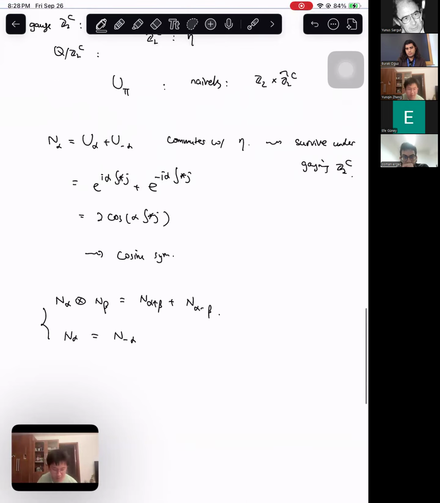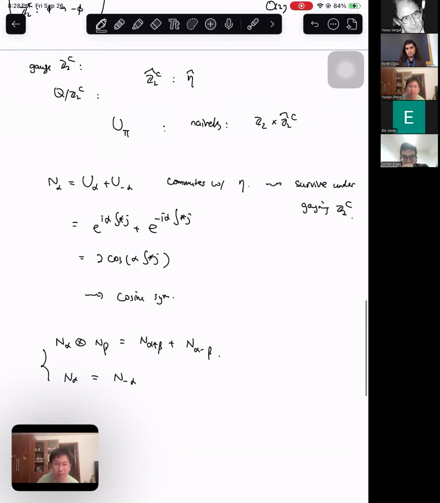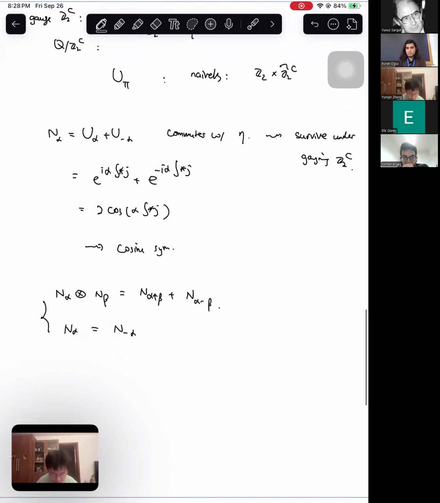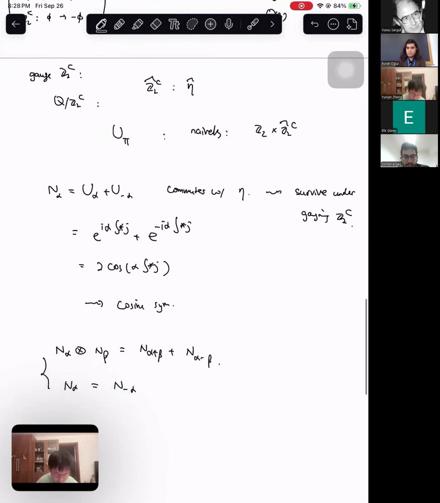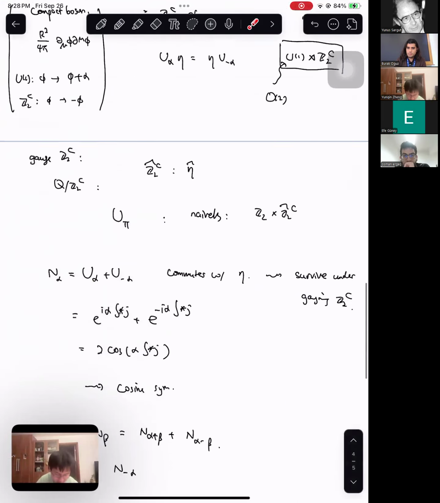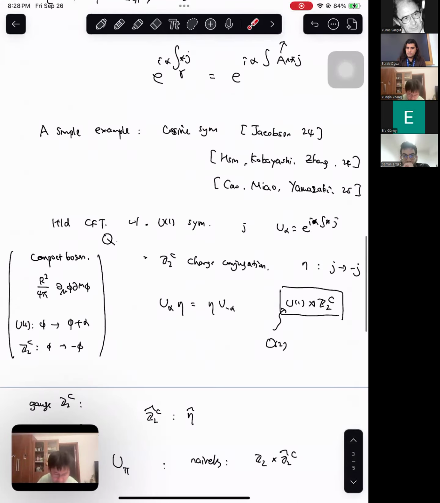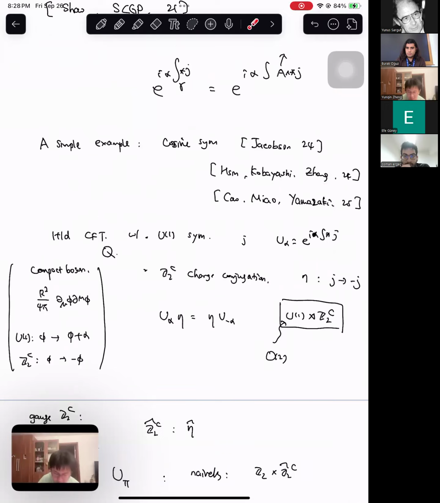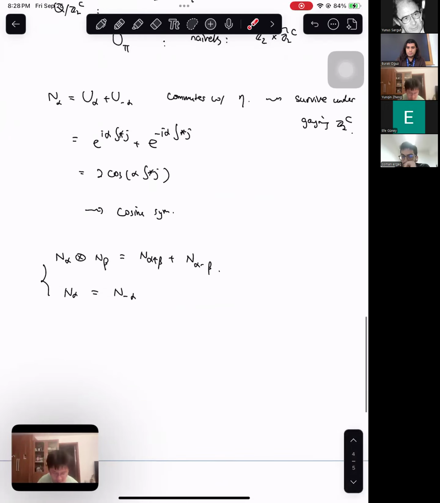Are there any questions about this so far? Okay, so this was the understanding before last year, but these papers very nicely pointed out that there is a problem with this construction.